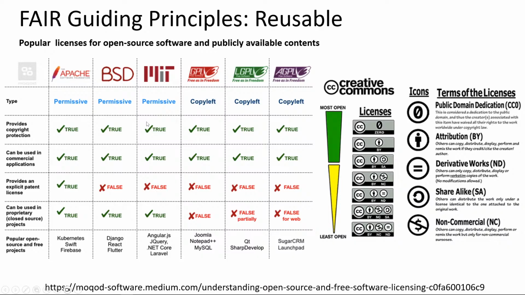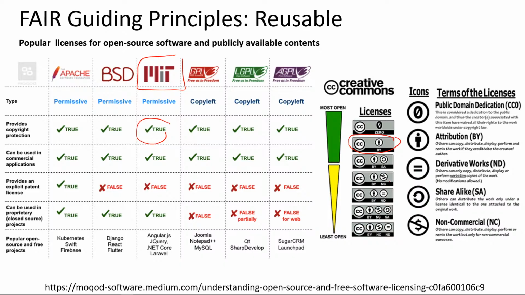The license that we will be selecting is the MIT license. It provides copyright protection, which means attribution, something like Creative Commons BY. It can be used for commercial application, yes.